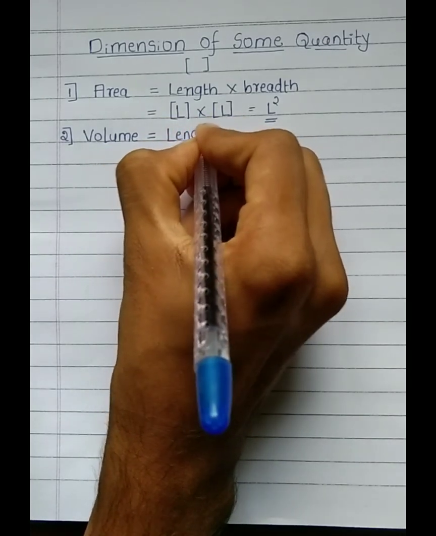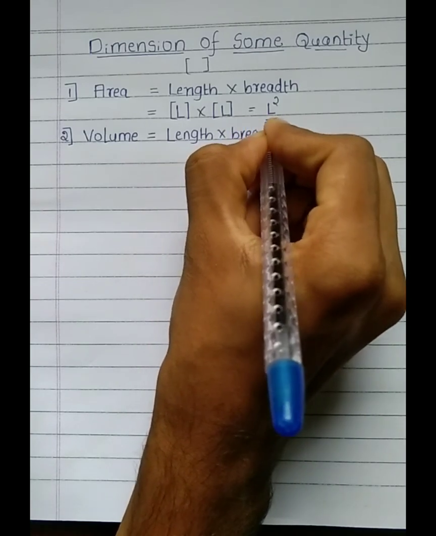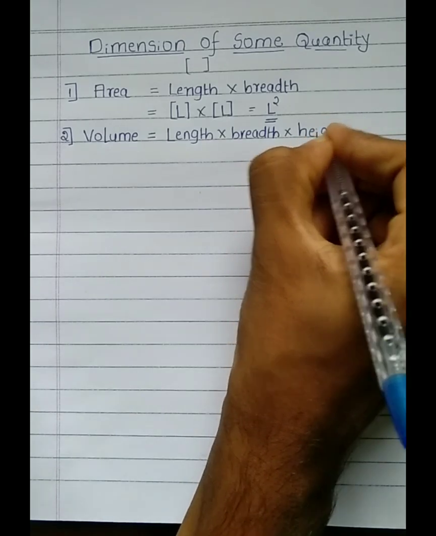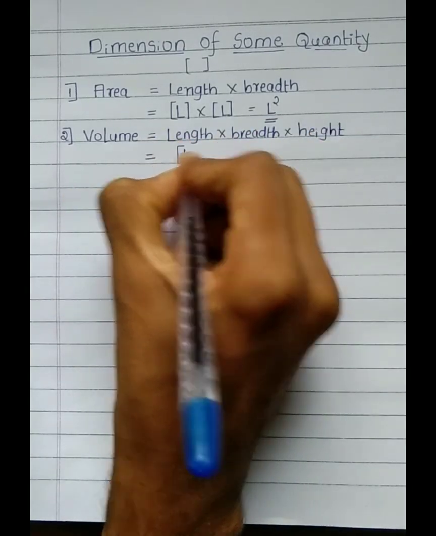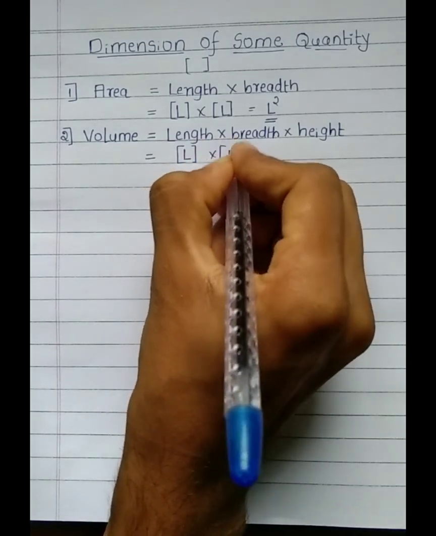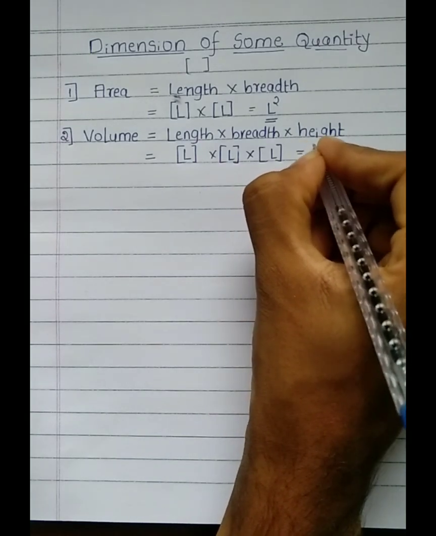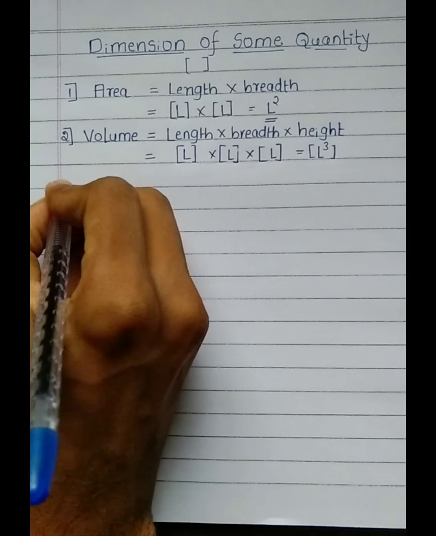Next, volume. Volume is equal to length into breadth into height. Initially we saw length and breadth are represented in L, and height is also represented in L. So L into L into L is L cube. Volume is L cube.